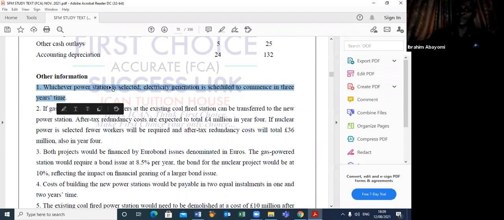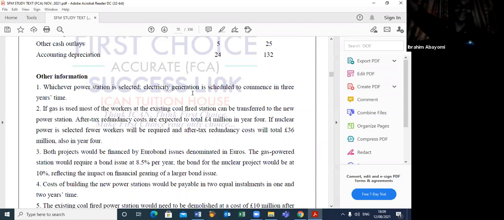Now, the same principle applies here. If the question says electricity generation will start in 3 years' time, it will start at the beginning of year 4. I will start generating electricity from the beginning of year 4. Beginning of year 4 is the same thing as end of year 3.